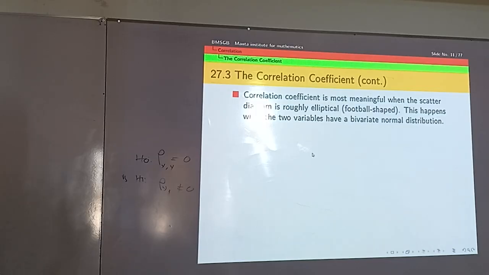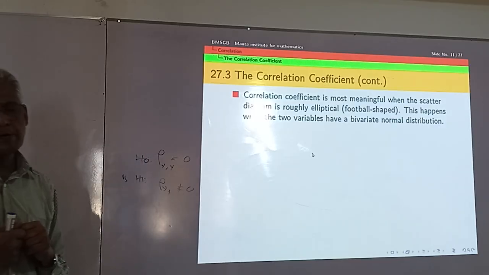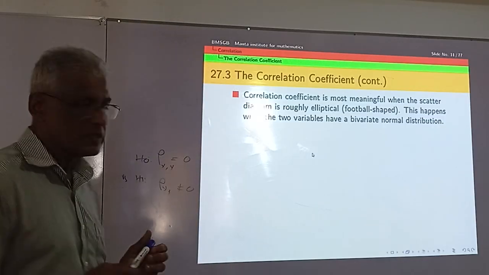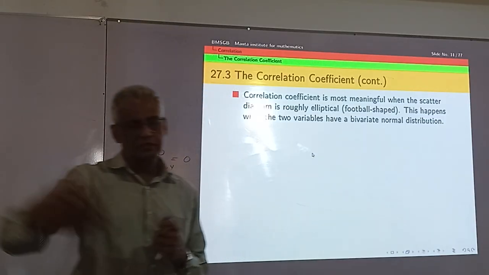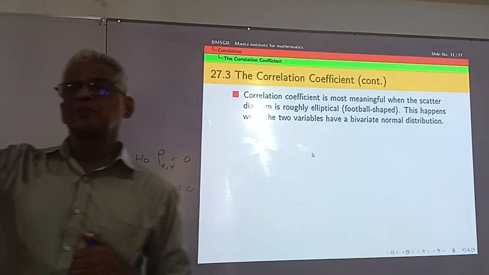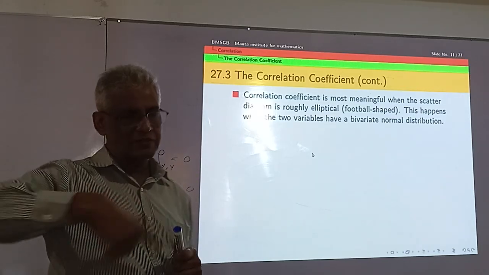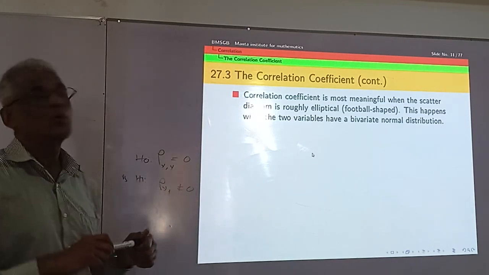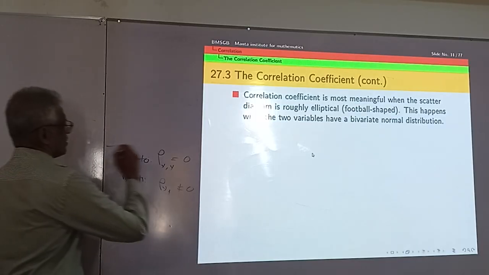The standard t-test that people use to test this hypothesis requires more assumptions. The data must have come from an elliptical type of population. The population scatter should be elliptical or football shaped. Only then can you apply this test.